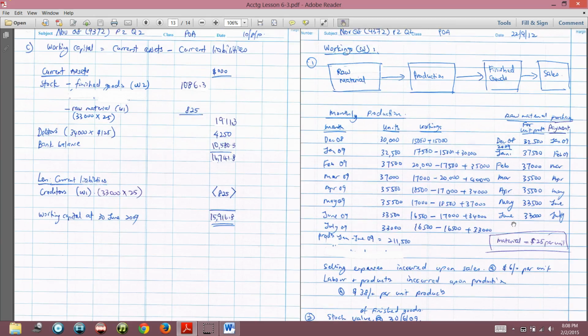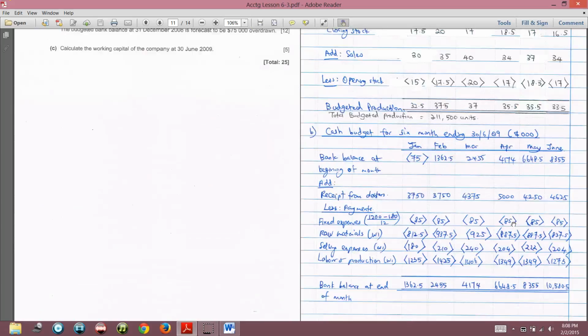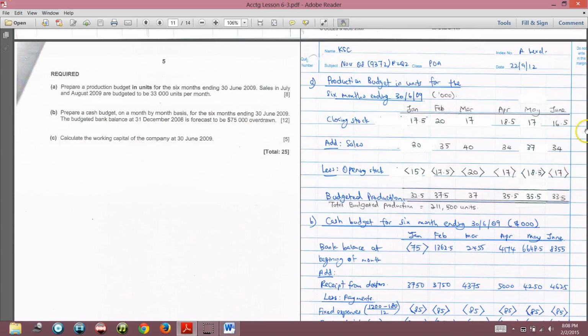Okay, so now if you extrapolate this, that means now you can take a pencil and calculate. So what is the opening stock for July?